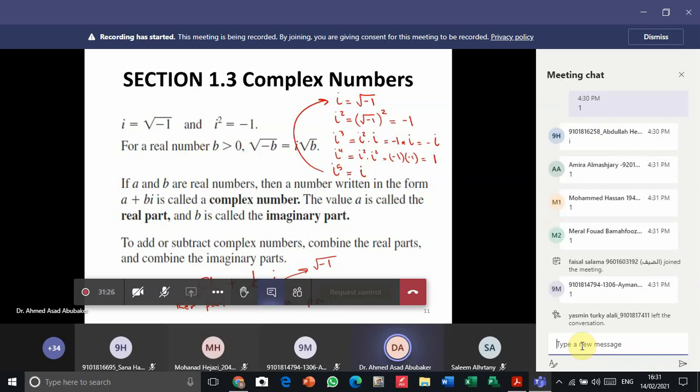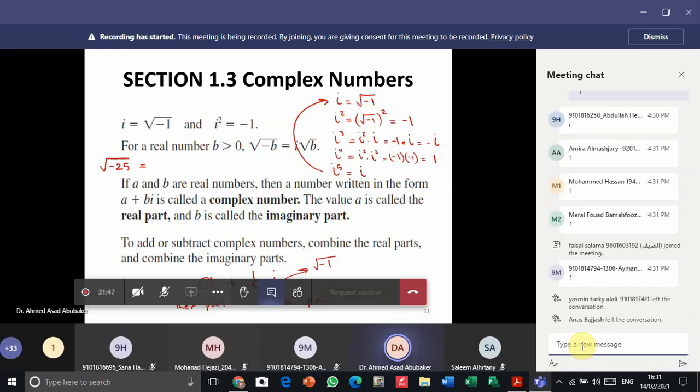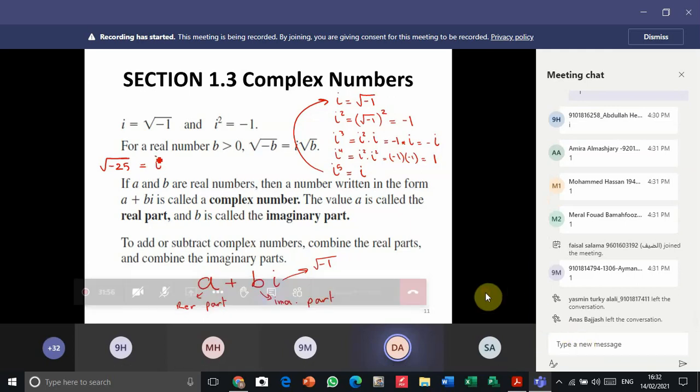Okay? Now, if we have a real number, for example, radical minus 25. If we have a negative inside the radical, this is a complex number. Okay, what's the value of radical minus 25? We can remove the negative inside the radical, but we must put I and radical 25.